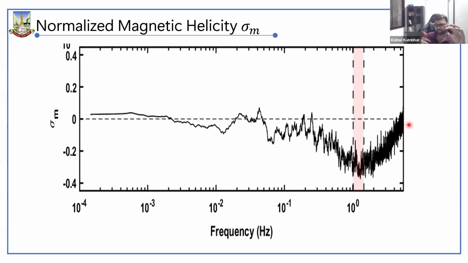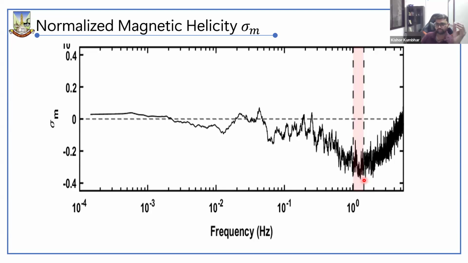Whenever we have the dissipation range, the helicity shows us the direction of polarization of the wave, and here we see it making a transition to a sigma m value of minus 0.38. So this suggests that the observed wave is a right-handedly circularly polarized wave. However, as we saw in earlier slides, this may be a signature of either quasi-perpendicular KAW waves or quasi-parallel magnetosonic Whistler waves.